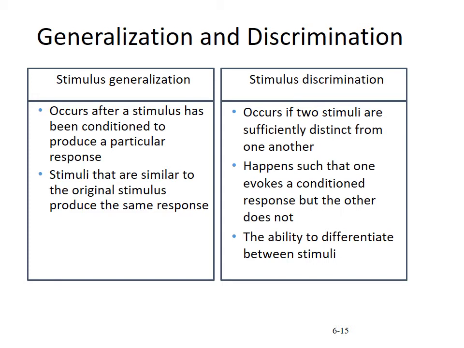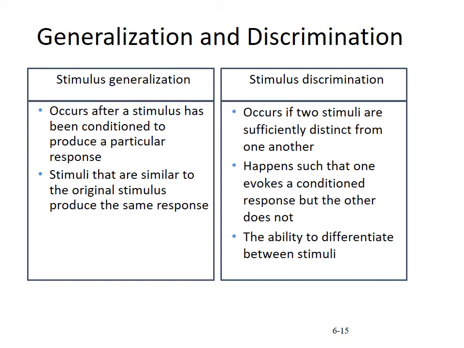So basically, what I'm saying here is that generalization is talking about stimuli that are very similar to the conditioned stimulus. For little Albert, he was conditioned to fear a little white rat. So now that he's fearful of the little white rat, he may also be fearful of a little white bunny, a little white puppy, anything that is similar to the stimulus that he was initially conditioned to fear.